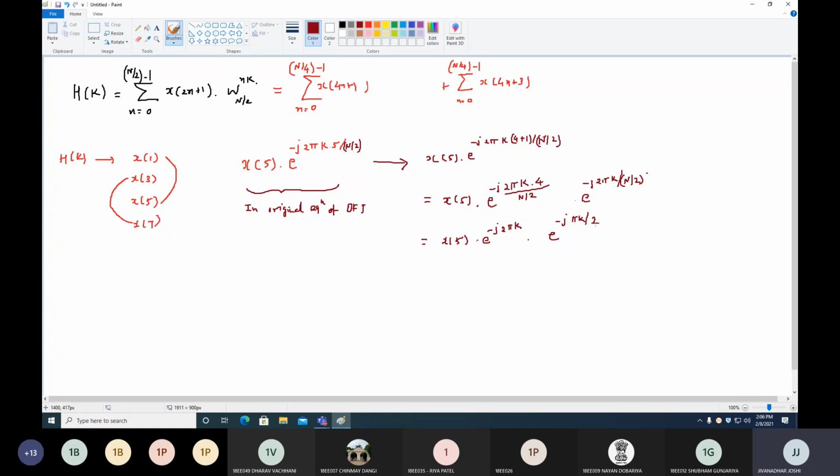Okay, so now I can rewrite this as e raised to minus j 2 pi by n by 4, and please mind that n by 4 is 2.